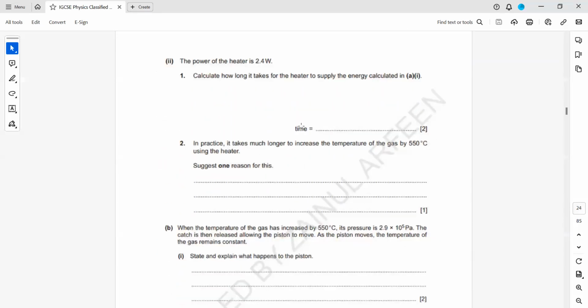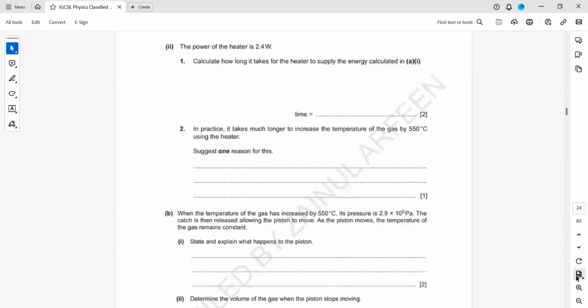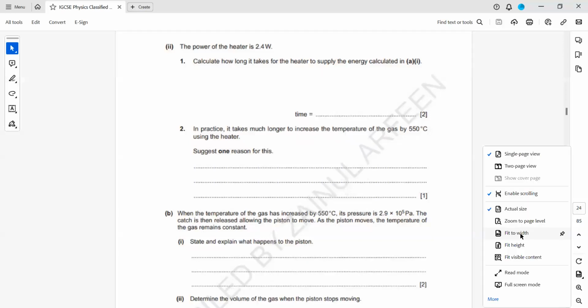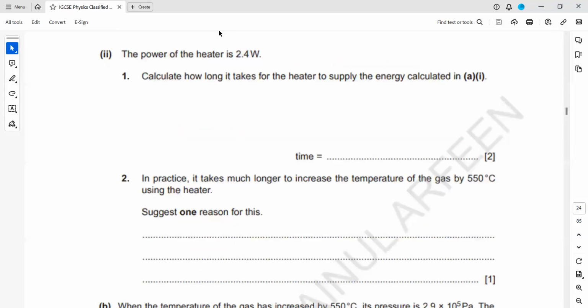The power of the heater is 2.4 watt. How long will it take for the heater to supply the energy we calculated in A1? We calculated the energy supplied is 91. The formula which relates power and energy: power is the rate of energy transfer, or energy divided by time.